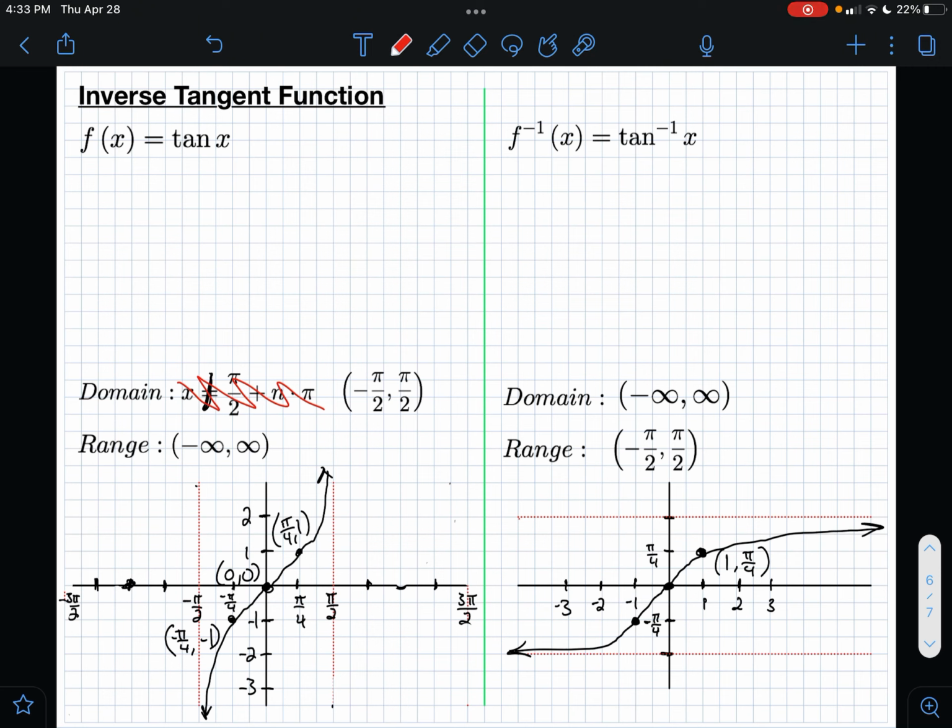Like with the other two, we will define inputs and outputs. As always with a trigonometric function, inputs are angles in radians. The output, however, changes depending on which trig function we're talking about. Here we're talking about tangent. So sine tells us the y-coordinate of a point on the circle. Cosine tells us the x-coordinate. Tangent, however, tells us the slope of the terminal side.